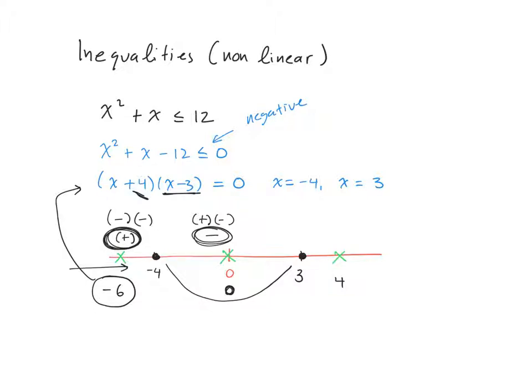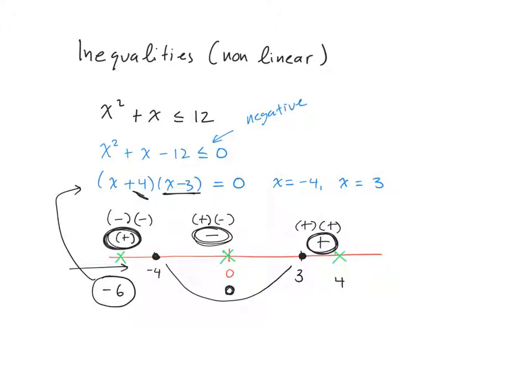Finally, plug in 4. This will be positive, and this will also be positive, so positive times positive gives you positive. The question is just asking you, when is this negative? So the only part where this is negative is between here and here.